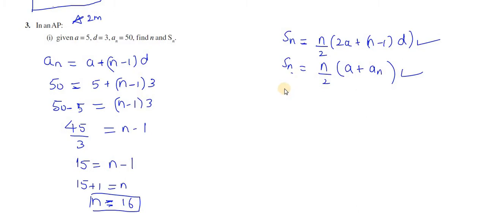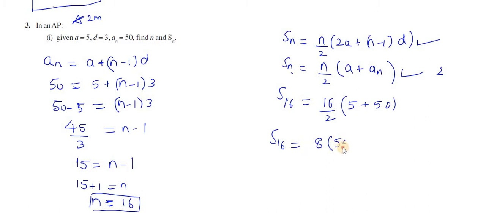Here Sn, that is, with the n value we got, S16 is equals to 16 divided by 2 into a value 5 plus an, which is 50. I make use of the second formula. So S16 is equals to 8 into 55. What is 8 into 55?